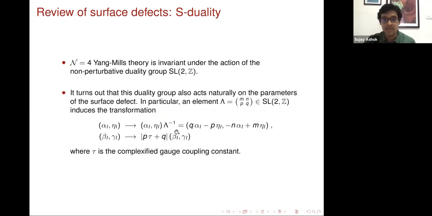But if you just took m and q to be 0 and n and p to be 1 and minus 1, you'll see that alpha and eta are exchanged, and beta and gamma just get rescaled by this factor. Here tau is the complexified gauge coupling of the 4-dimensional gauge theory. So this would be a check. If you do realize this surface operator in string theory, then however you realize your parameters, they must satisfy this property under S-duality. So this is going to be a check for us at the end.